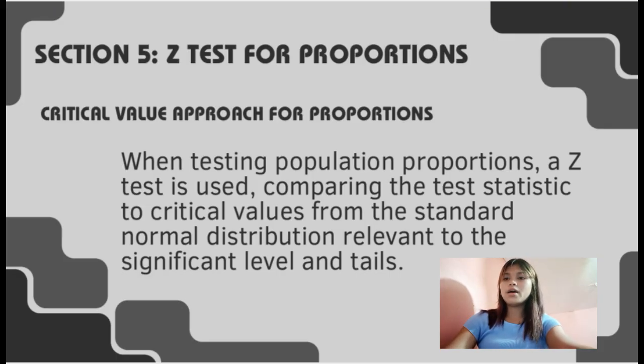This is done by calculating the test statistic, which is the z, and comparing it to critical values from the standard normal distribution. The critical values depend on the significance level, known as alpha, usually 0.05, and whether the test is one-tailed or two-tailed. If the test statistic falls beyond the critical values, we reject the null hypothesis.